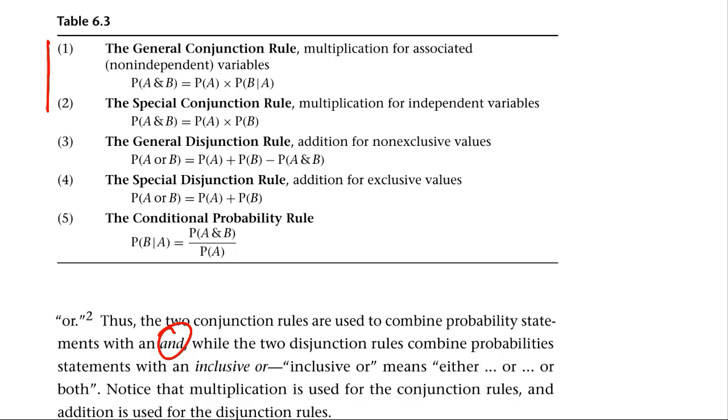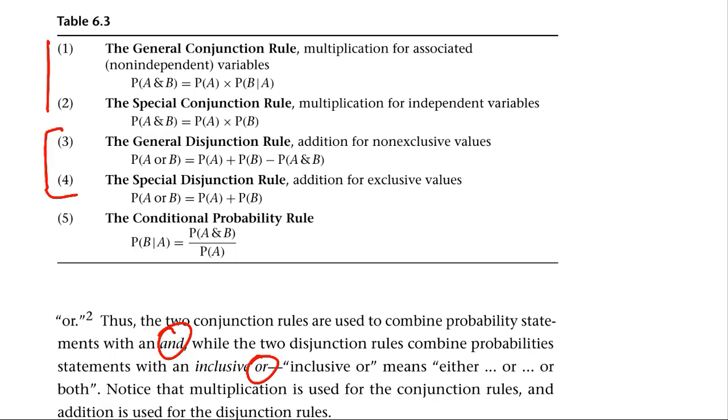We have two disjunction rules, and disjunctions are usually represented with "or." And in this case, the way we're using "or" in this chapter, it means either or both.